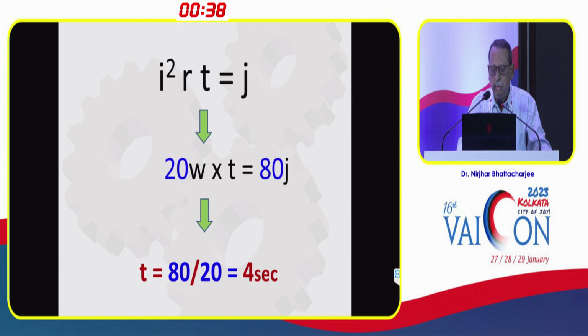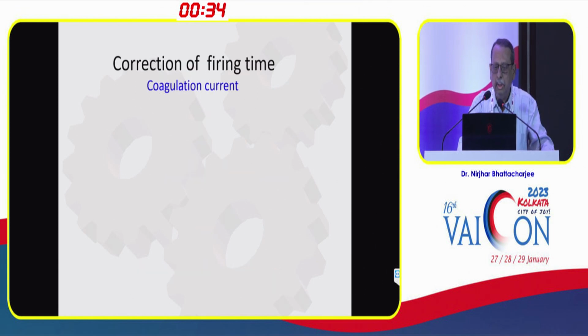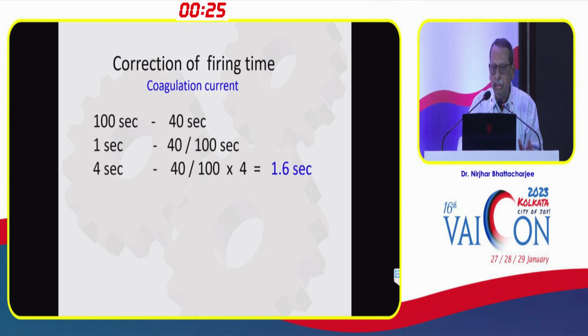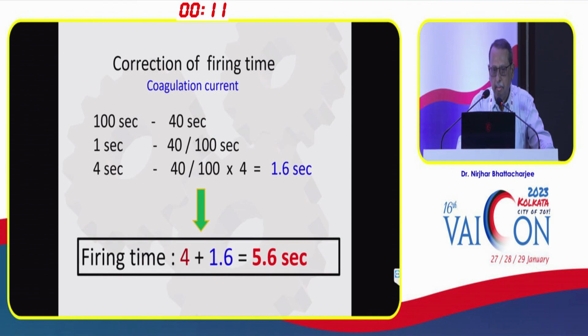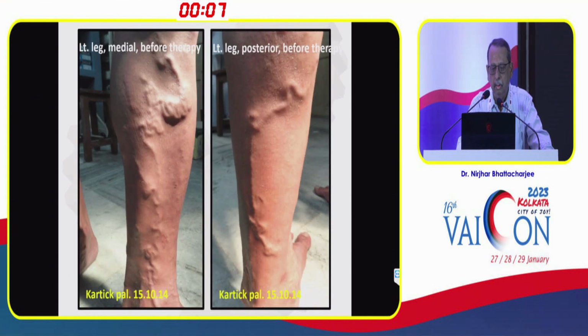So, time should be 4 seconds. That should be the firing time. No, it's wrong. We need a correction of the firing time because, you know, the coagulation current is a burst of current. 60% of the time, the generator bursts electrical current, and 40% of the time, the generator is off automatically. So by this simple calculation, we can add 1.6 seconds to that, and the firing time should be 5.6 seconds. And that we have to do manually.